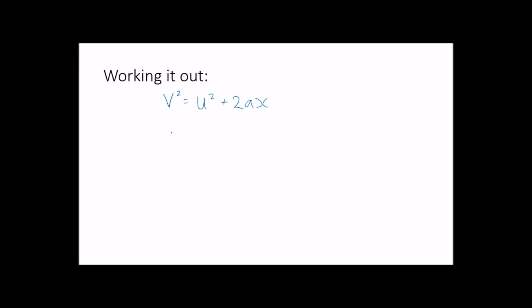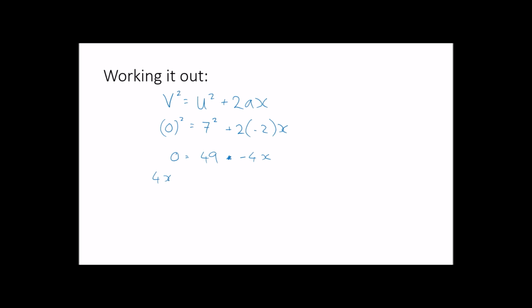Okay, then I'm going to substitute here. So final velocity 0, initial velocity 7, acceleration of minus 2, and x is what we're trying to find. In this case, you can see that I'm substituting before I solve. Now, as I've said, some of our terms disappear. So 0 squared is 0, equals 49, plus, I'm just going to make that minus 4x. Then I'm going to rearrange this to solve for x.